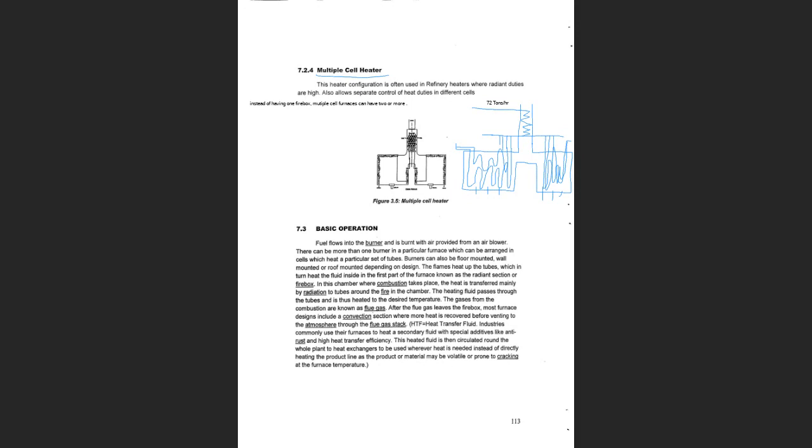So we'll have two radiant sections or two fireboxes connected through the arch to one convection section, and from there the flue gas will go through the stack to the atmosphere.